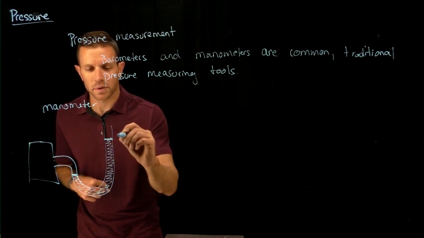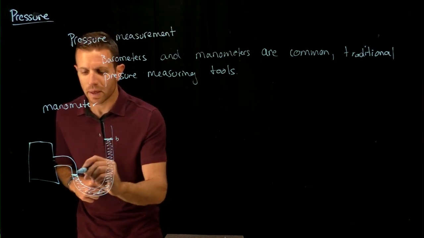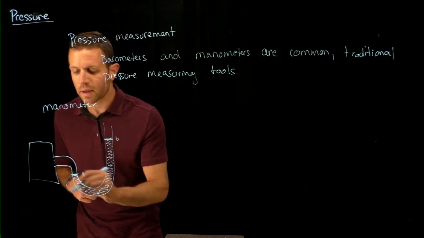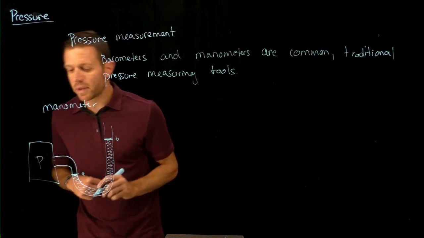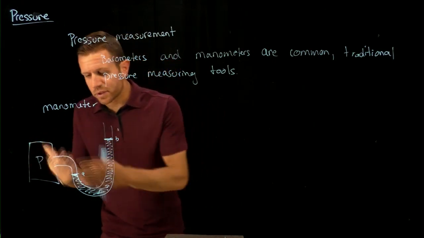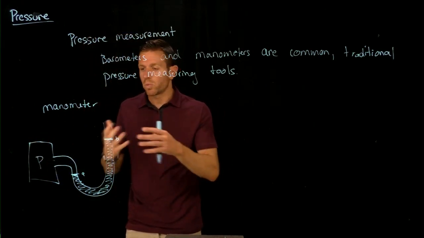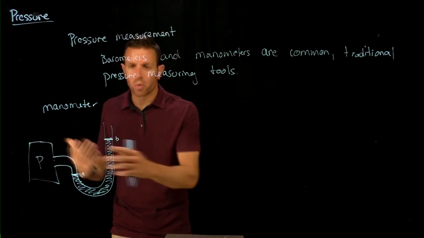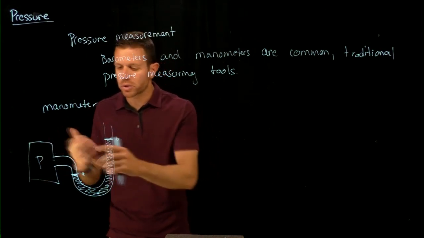There is the interface, say, at point B. Here is another interface at A. And this tank has some pressure that we want to know. We want to be able to measure the pressure in this tank.